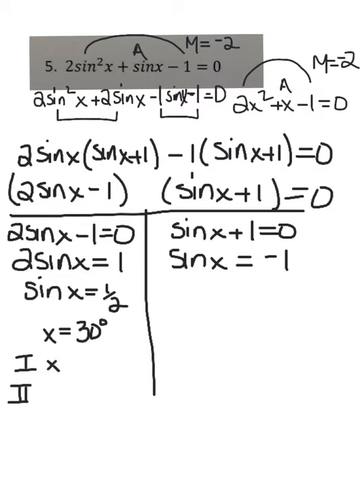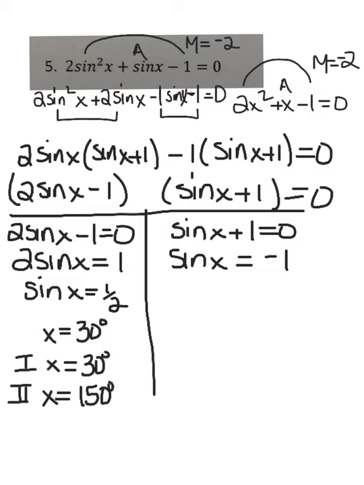So in the first quadrant, that's just your reference angle, which we know to be 30. And in the second quadrant, remember the rule is to do 180 minus your reference angle, which is 30. So 180 minus 30. So then your angle would be 150 degrees.